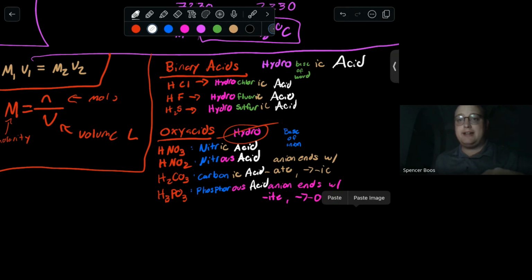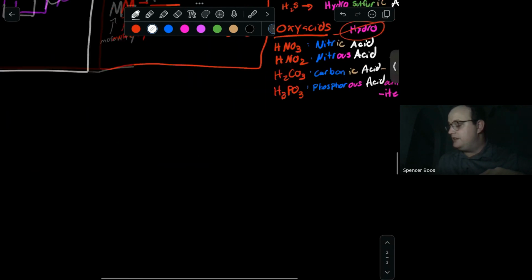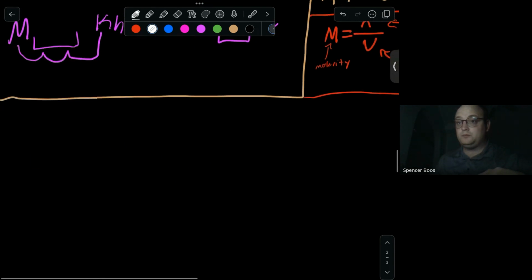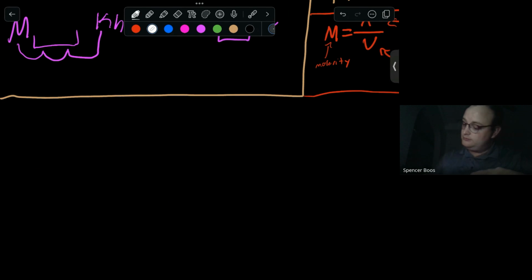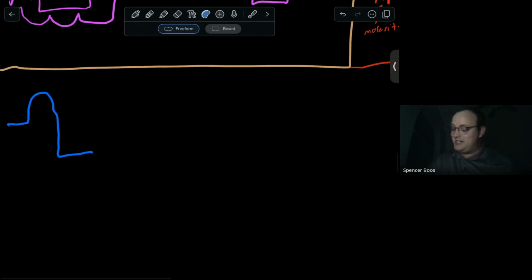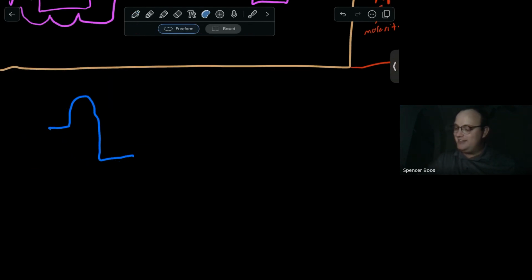Can you go over activation energy with exothermic graphs? We can. It's going to be a very short and sweet one. So let's say you want exothermic.